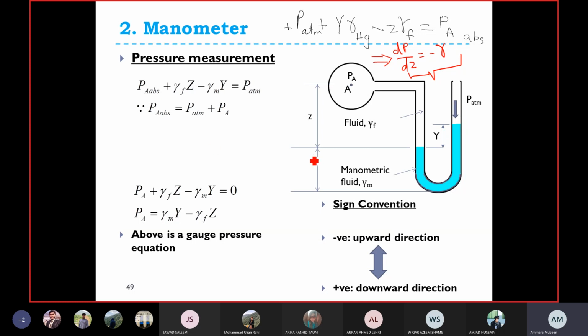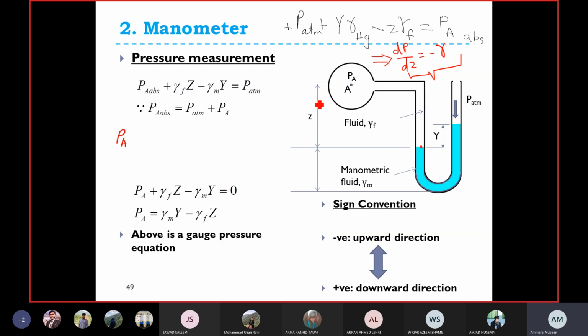So let's start from this end. PA is the pressure which you need to find out. Pressure is applied in this pipeline, and then what would be the pressure over here?